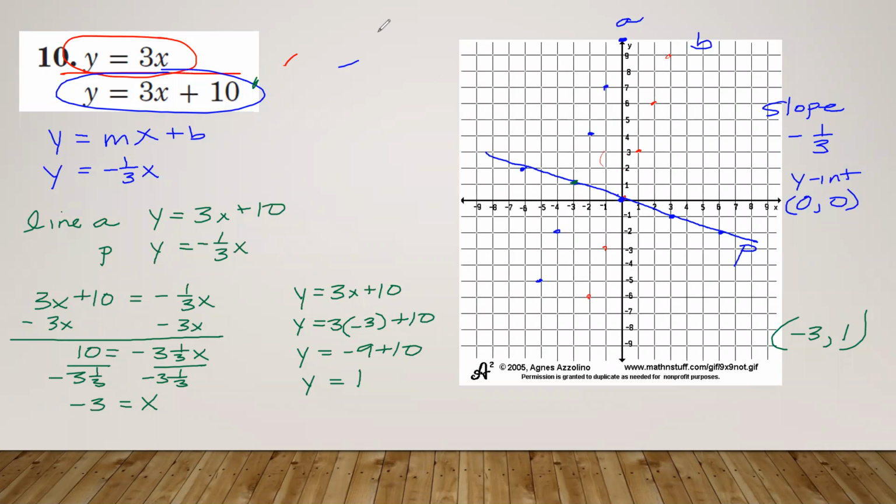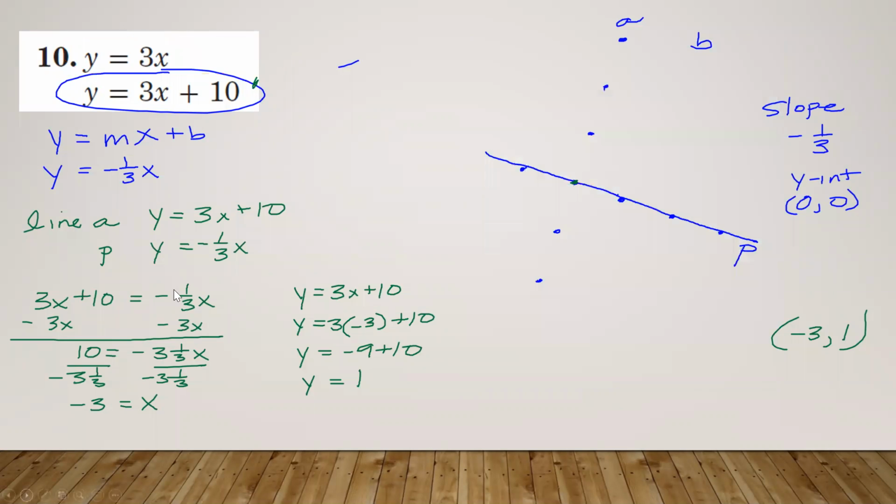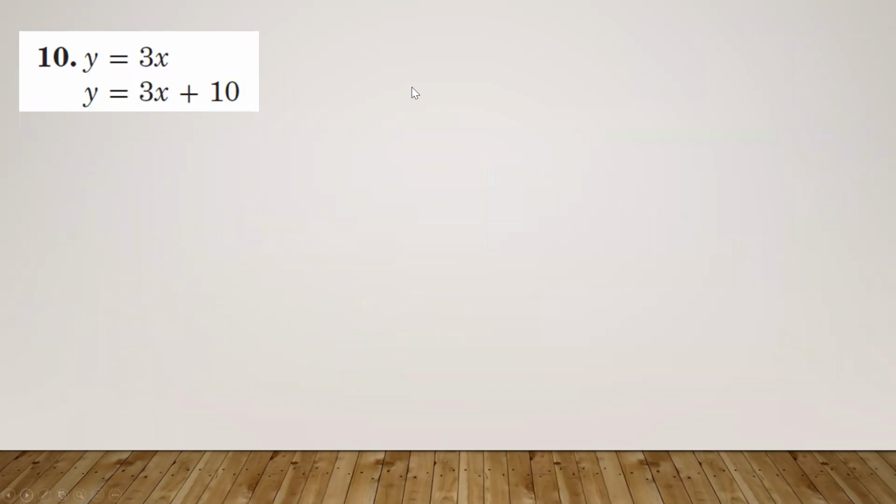So now the last thing I have to do is find the distance between those 2 points using the distance formula, okay? So I'm going to go ahead and clear that up. So remember, the 2 points that we're looking at are 0, 0, which was our y-intercept, and then the point we just figured out, the point of intersection, which was negative 3, positive 1.